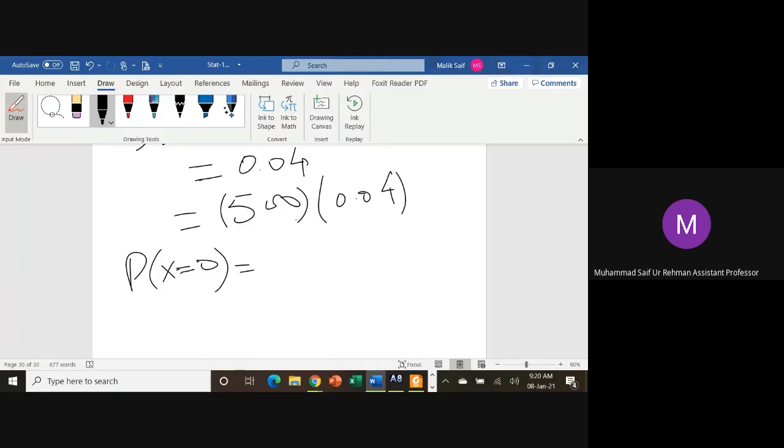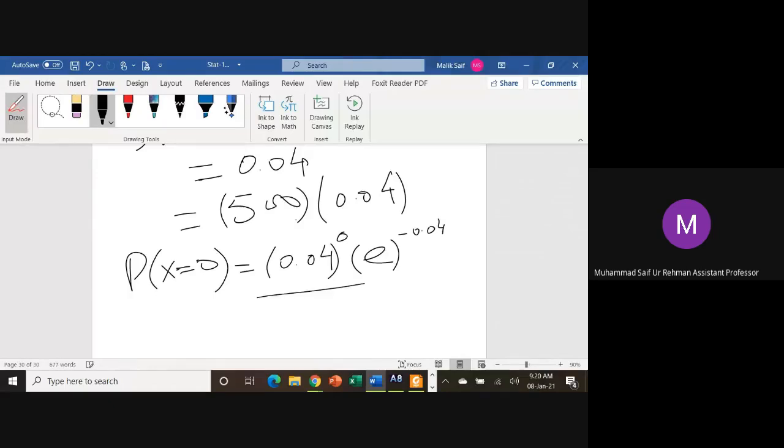So now the formula is mu to the power x. What is mu? 0.04. And it will be mu to the power x, so x is given, small x is given, it is 0. And then e raised to the power minus mu. So minus mu means minus 0.04.